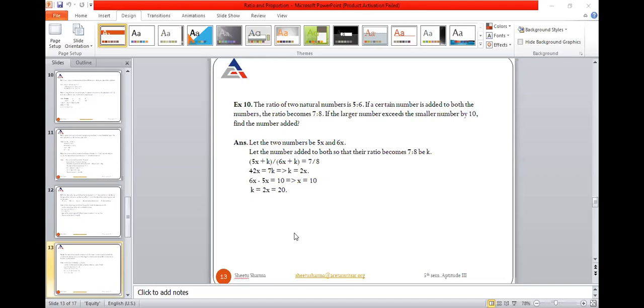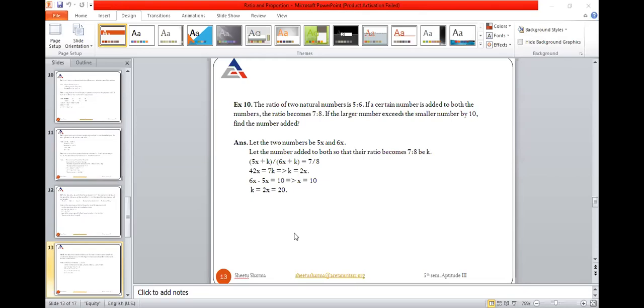Okay. Now it is saying that if the larger number exceeds the smaller number by 10. We have the numbers as 5x and 6x.